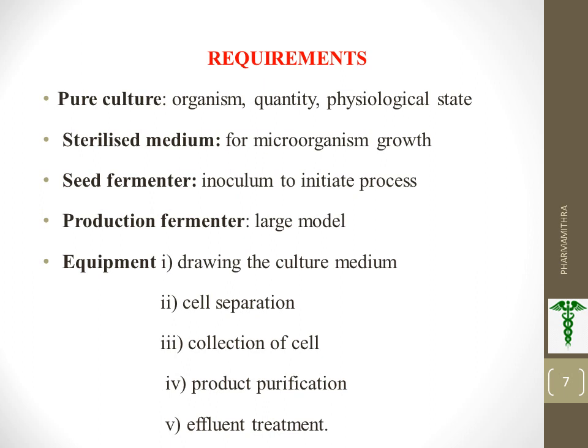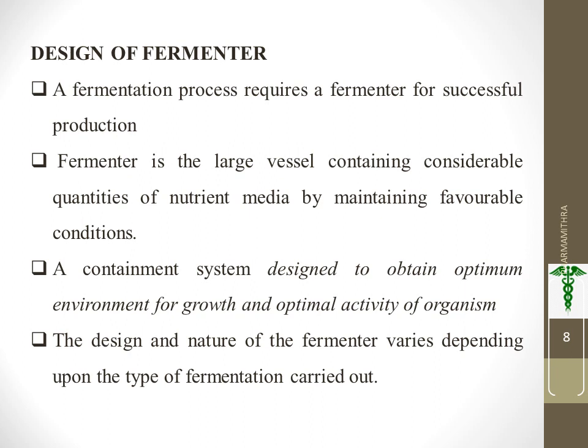The product can be purified with the help of chromatography, centrifugation, electrophoresis, etc. And finally, we want effluent treatment. That is, the final product or the waste product or the remnants should be treated. These are the requirements in the case of fermentation.